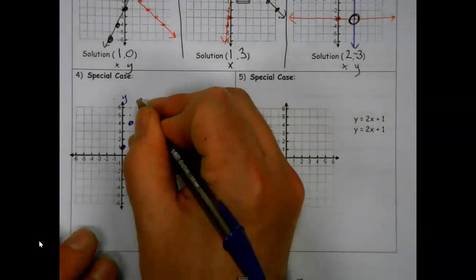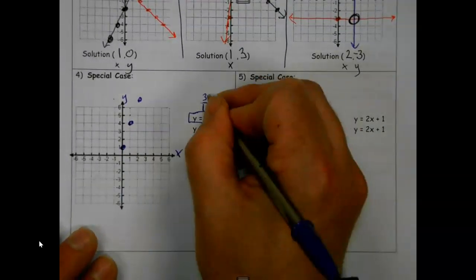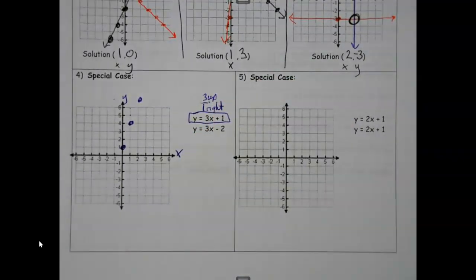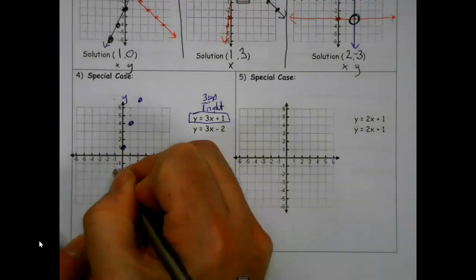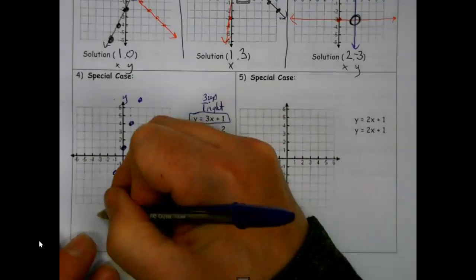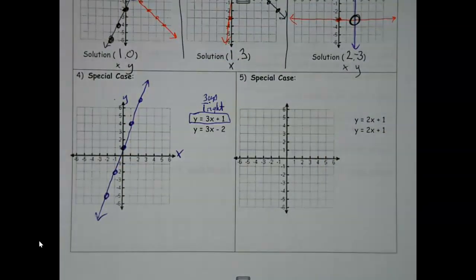I technically can't go up 3 right there, but I just did anyway. But when I run out of room, just flip the directions. Down and left. 1, 2, 3, left 1. 1, 2, 3, left 1. Make my line. Now this is normally where I start looking ahead and I'm like, okay, hopefully one of those 5 points matches. We're going to see.